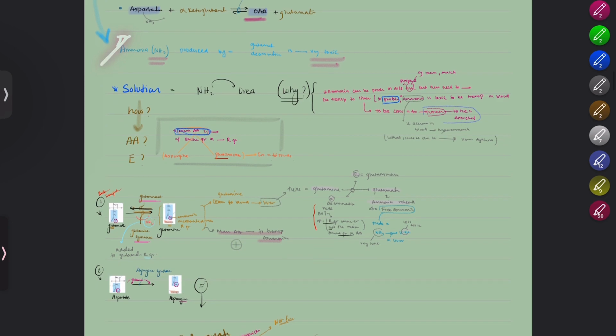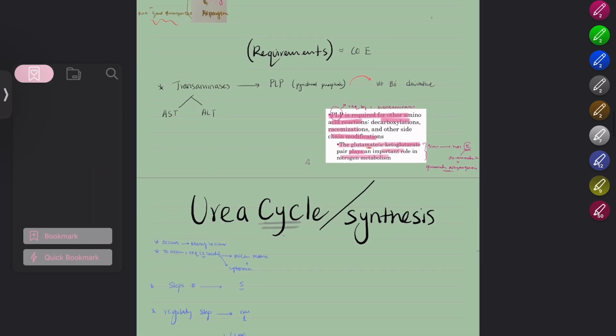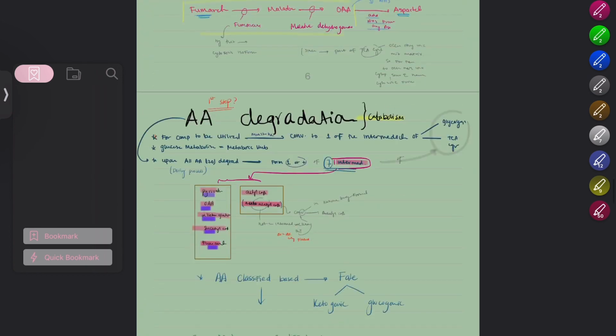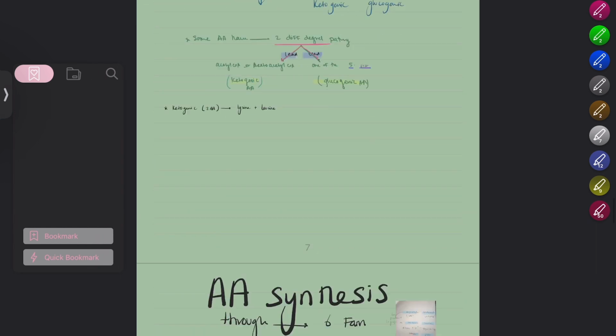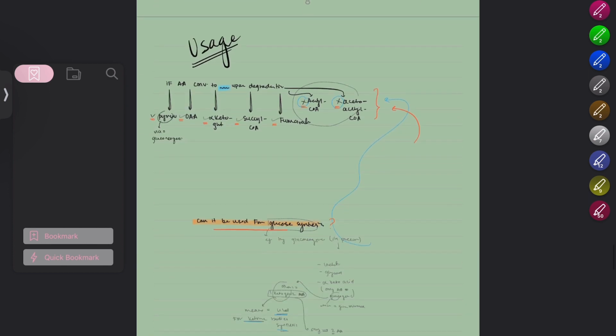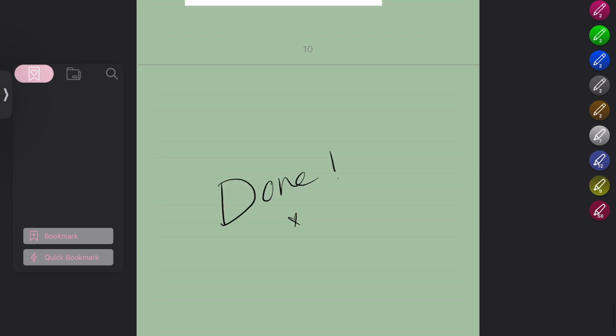Therefore, we went into the urea cycle, talking about the transportation process reaching the urea cycle, and all of the rules we need to know. Then we talked about the amino acid degradation steps, then the amino acid synthesis, and we ended up with the classifications, whether ketogenic or glucogenic. We also talked about whether an amino acid is essential or non-essential. And by this, we are done.